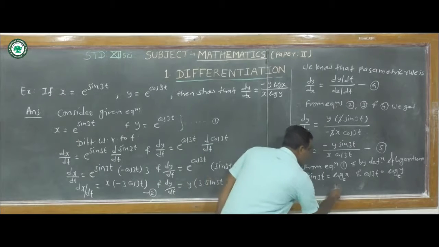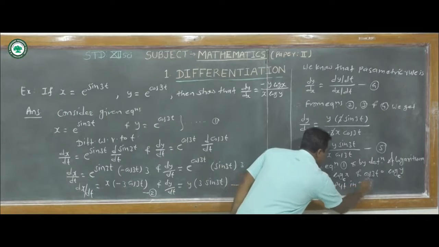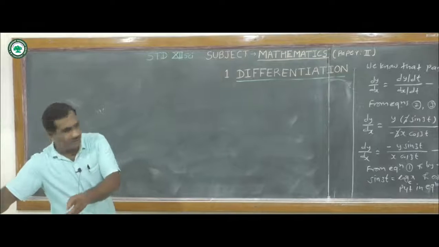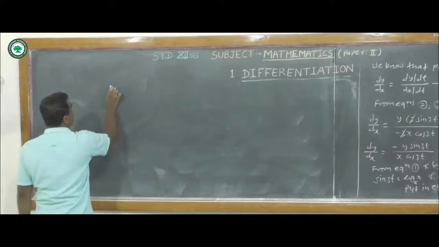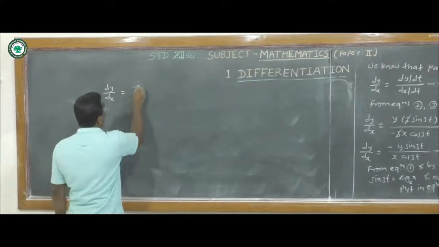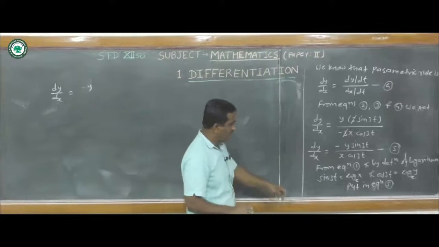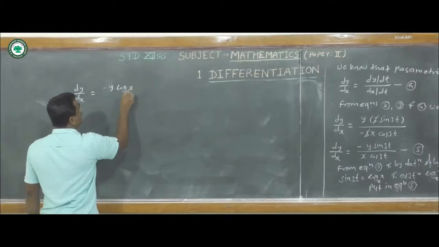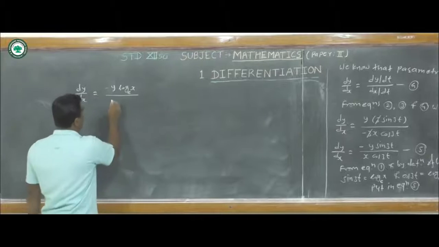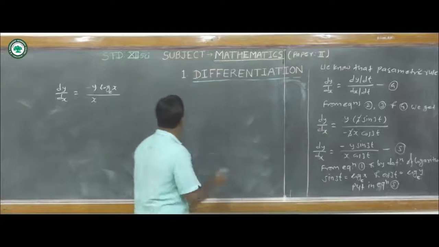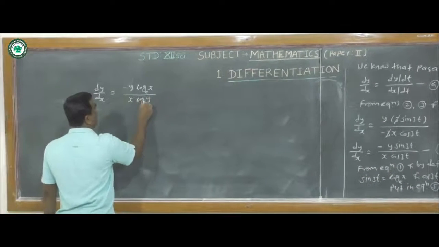Therefore, equation 5 can be written in the form dy by dx equal to minus y into value of sin 3t, which is log x to the base e, upon x into value of cos 3t, again log y to the base e.